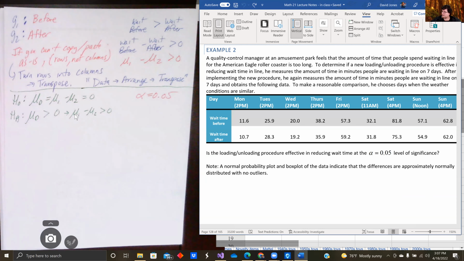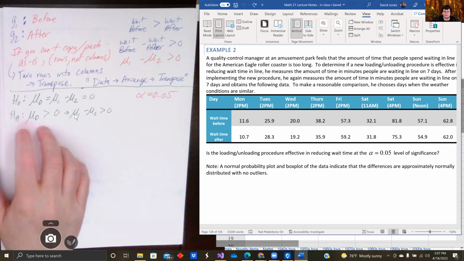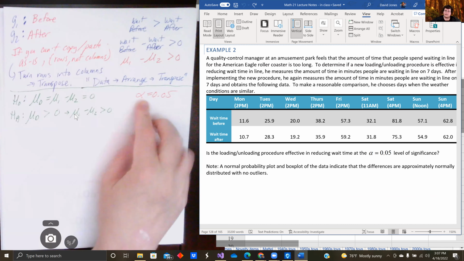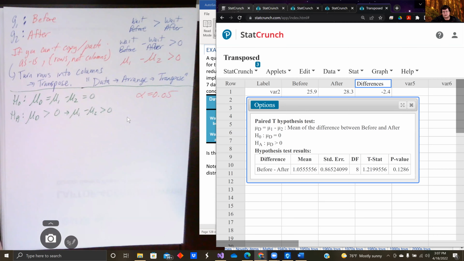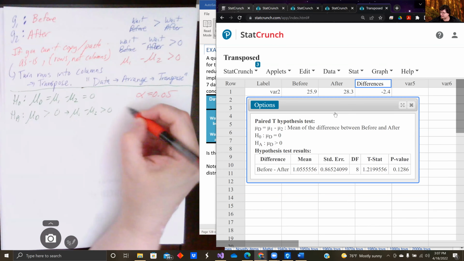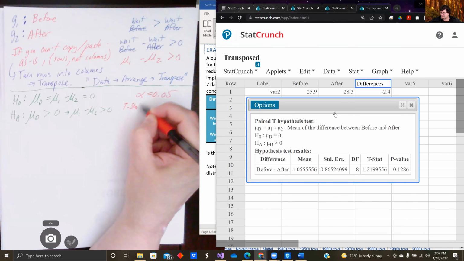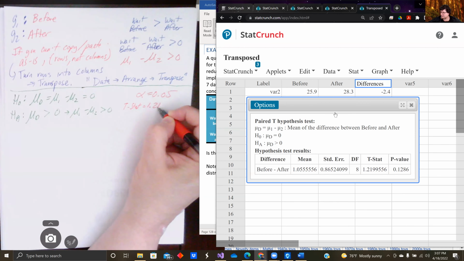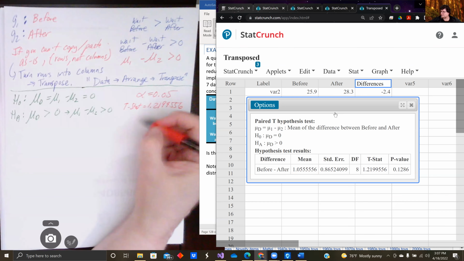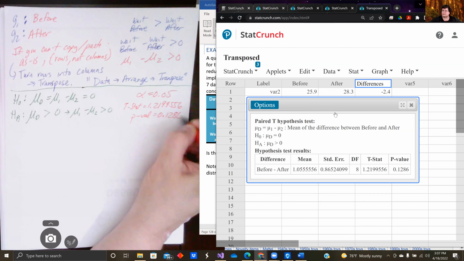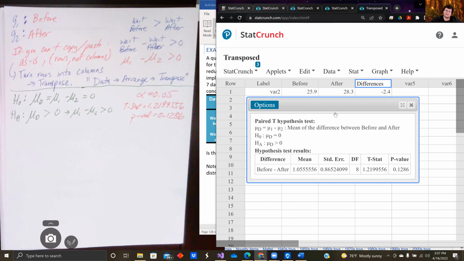All right. So my step 1 was my H0, HA. Step 2 was this. Step 3 was our test statistic and p-value. We got that right there. My t-stat is 1.2199556. And my p-value is 0.1286. Notice I'm writing everything down.